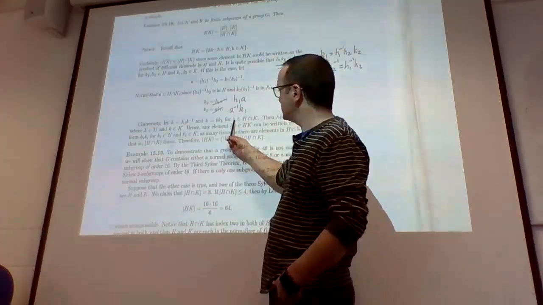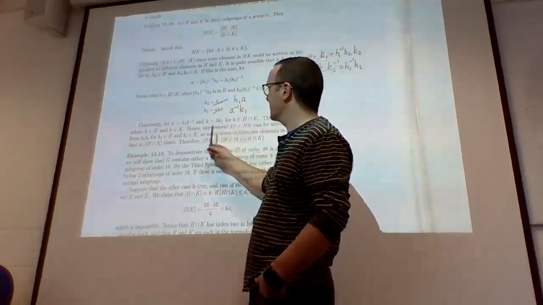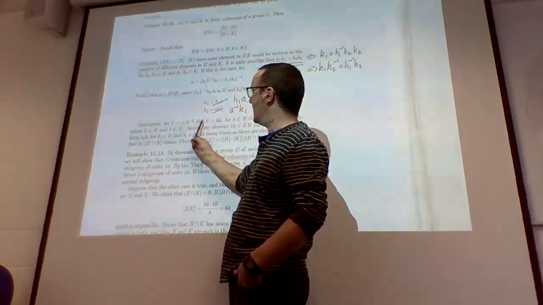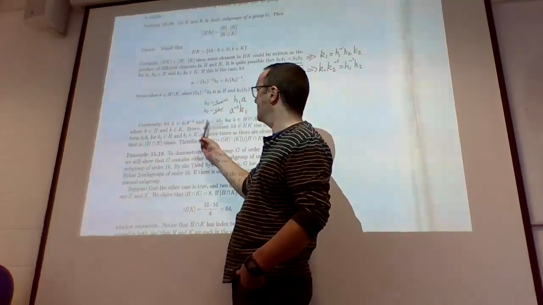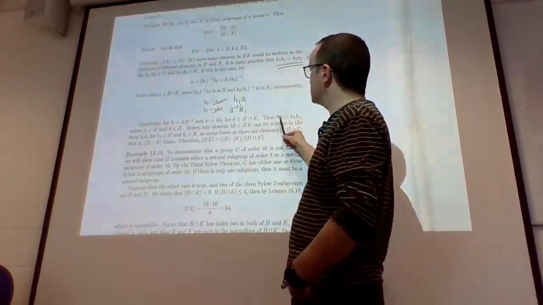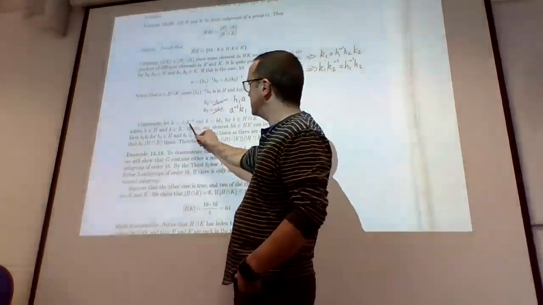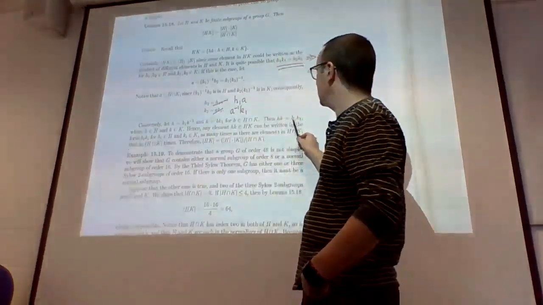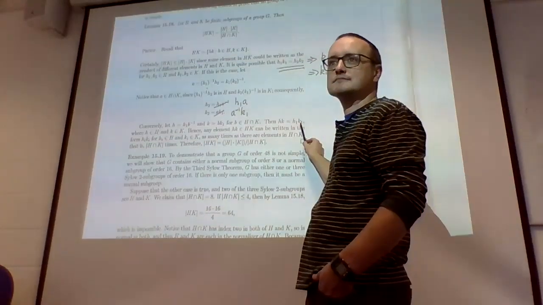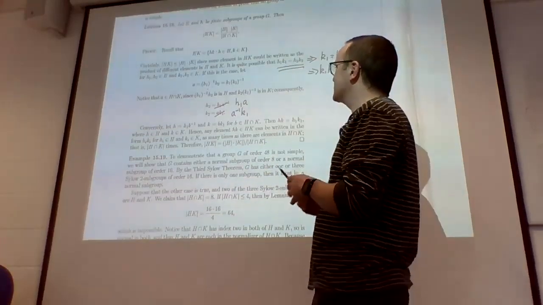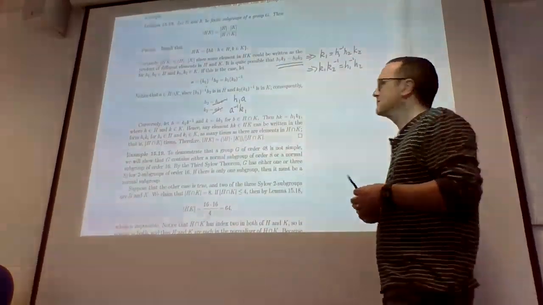But here he says if you take an element from the intersection, generate the second pair H and K from H1 and K1, according to this rule, then when you multiply H by K, you see the B inverse cancels with the B. If you multiply H by K, you get H1K1. So what this is saying is here's a connection.